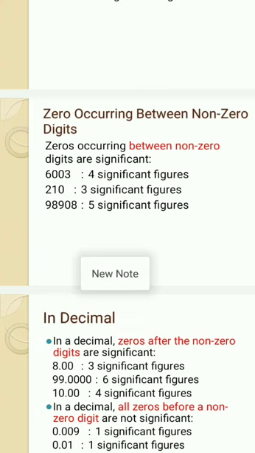Can I give you the exercise? Okay, good. That's all for the explanation about significant figures.